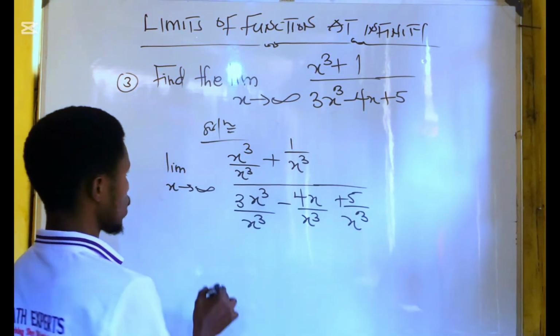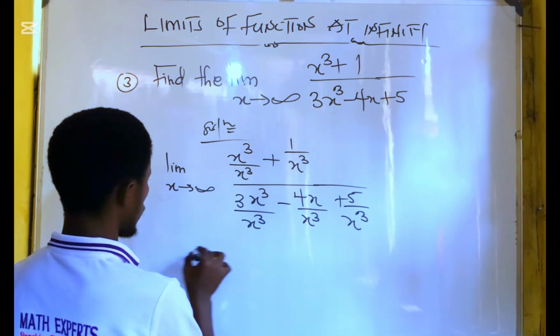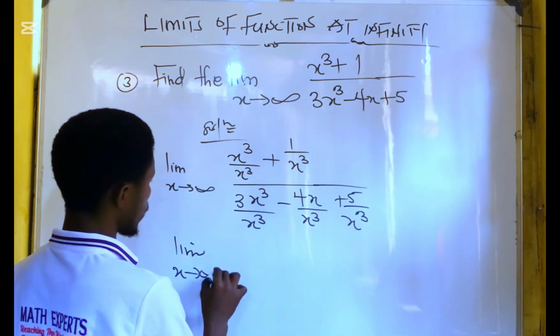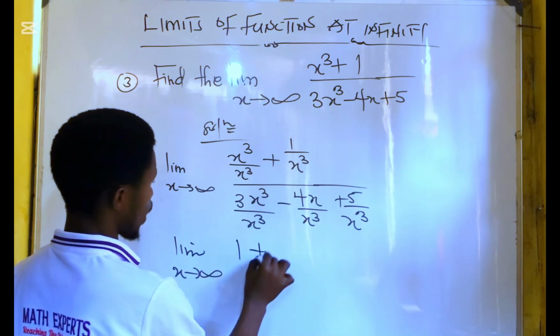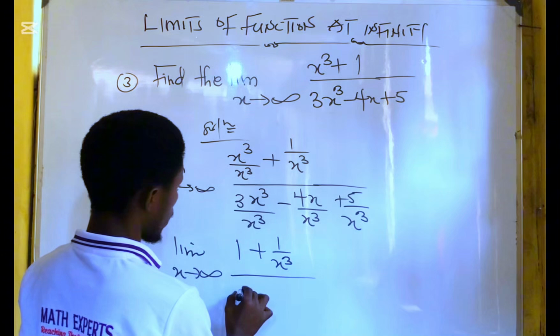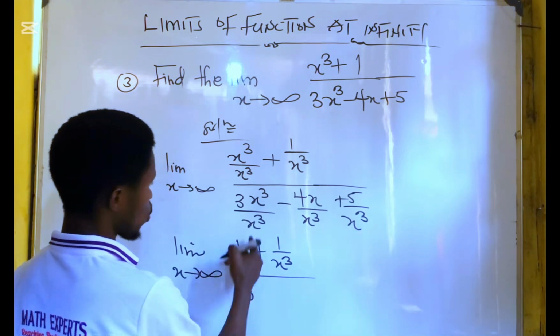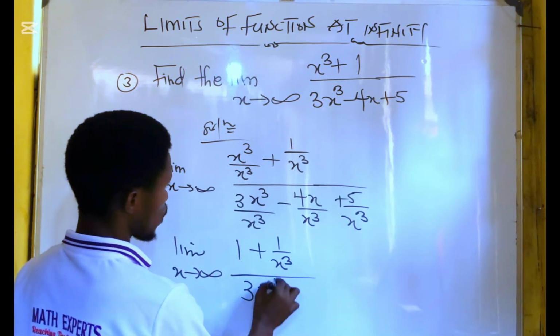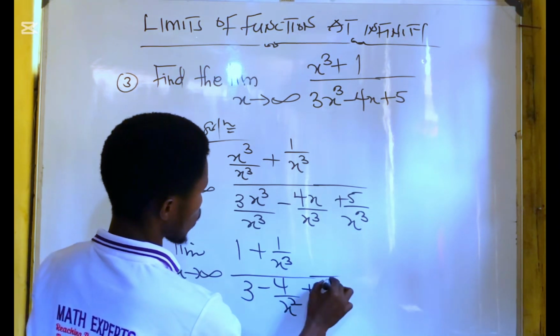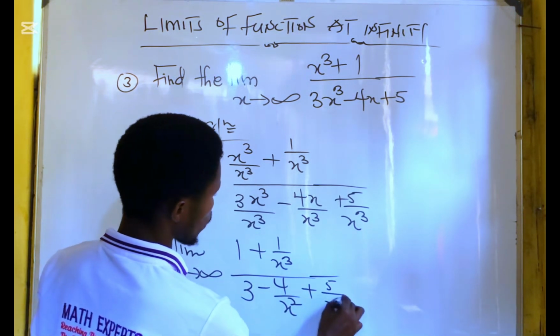Then this goes into itself, and you have, as x approaches infinity, 1 plus 1 over x cubed, all divided by 3, because x cubed will go into itself, minus 4 over x squared plus 5 over x cubed.